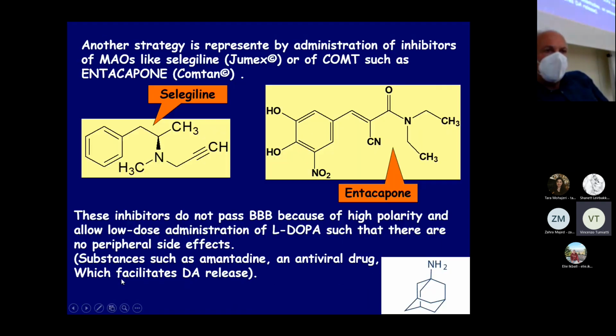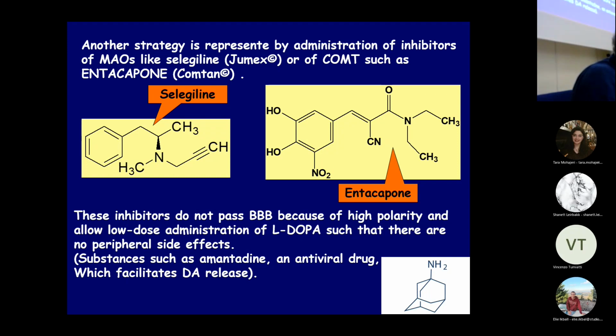The other strategy is to block the metabolism of dopamine. We have already described the different strategies, how we can increase the concentration of a neurotransmitter inside the synaptic cleft.